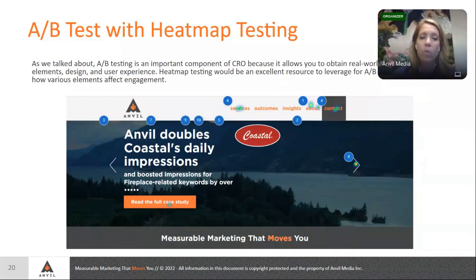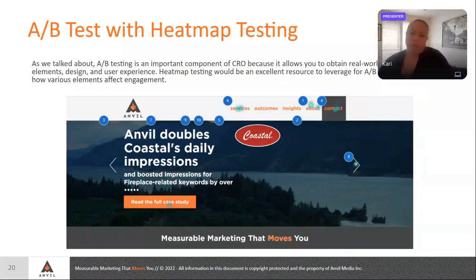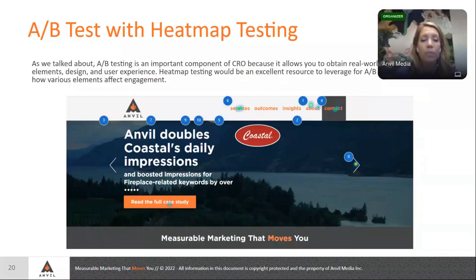And just real quick, Rachel, these numbers that are showing on the page, are those like the order of the clicks that somebody did on the page, or what is that showing us? So this screenshot is pulled from Microsoft Clarity. And so the numbers will actually correlate to the different website elements that users are clicking on.